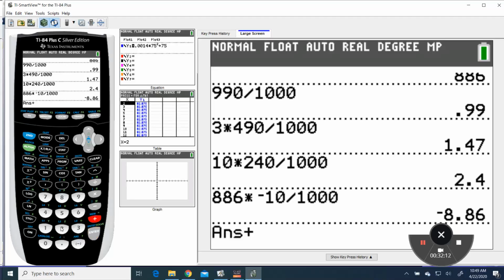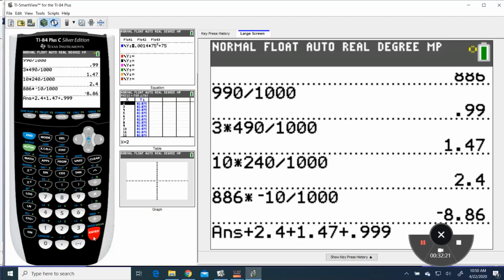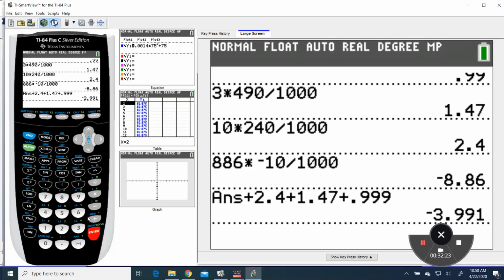So I add 2.4 plus 1.47 plus 0.99. Negative 8.86 plus 2.4 plus 1.47 plus 0.99.